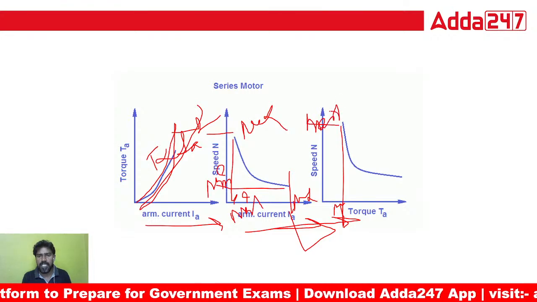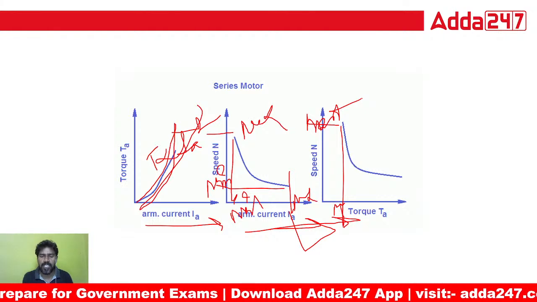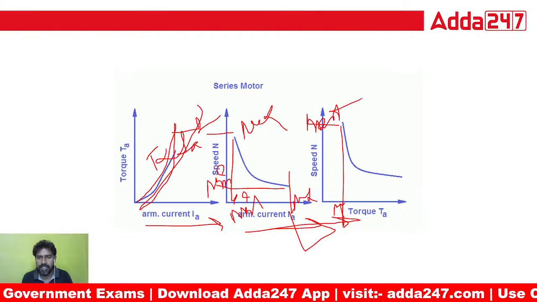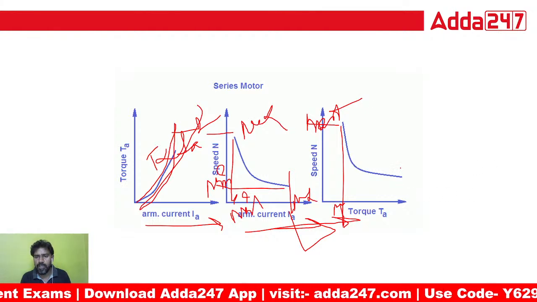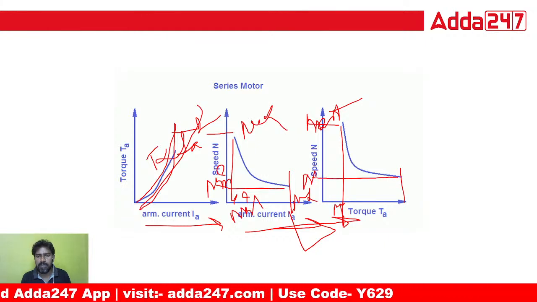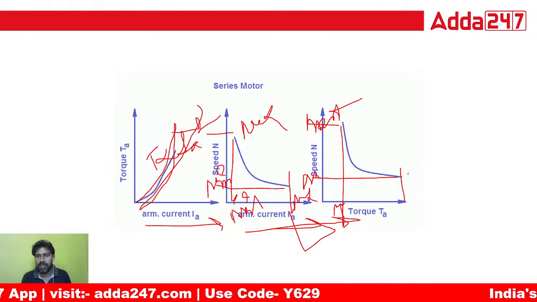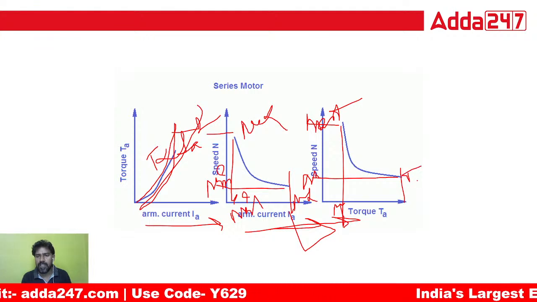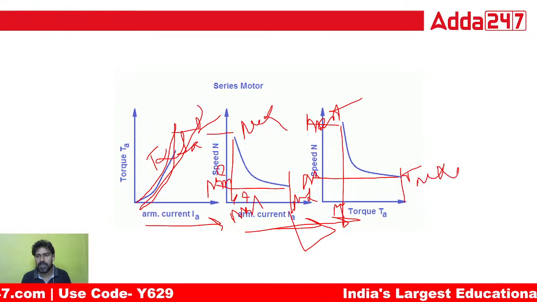That's why a DC series motor has a high starting torque. When the speed is minimum, close to 0, the torque will be maximum.